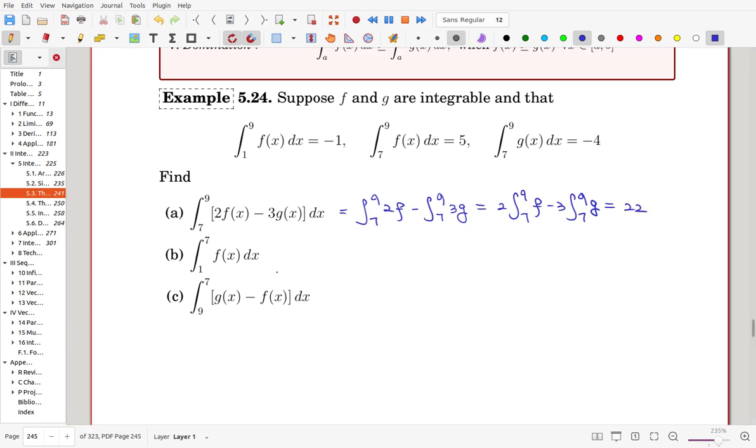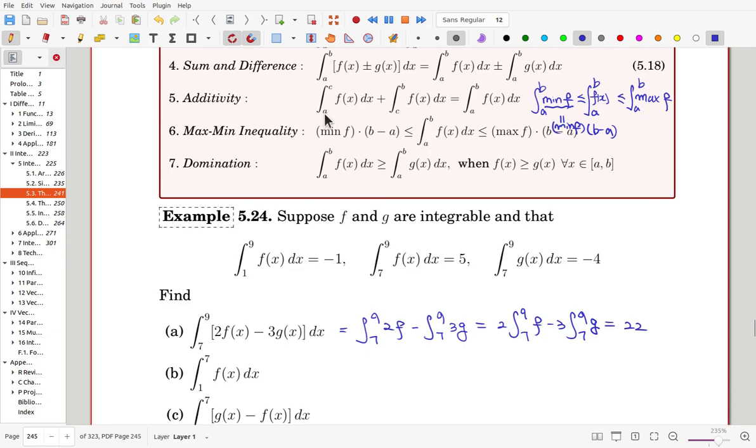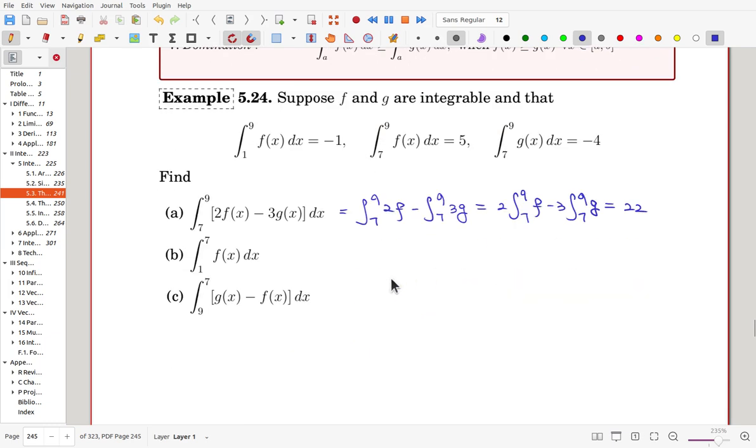Okay, for this one, we already know that the integral from a to c plus c to b is the same as a to b. But here we want to get 1 to 7, but we have only 1 to 9, and then 7 to 9, so we may try to use the given information.